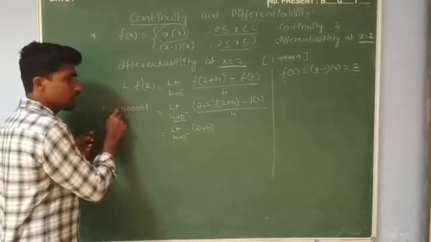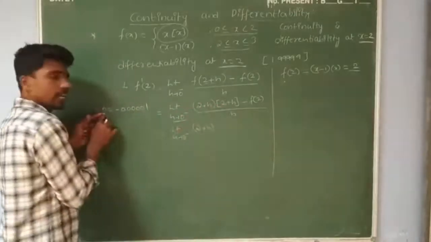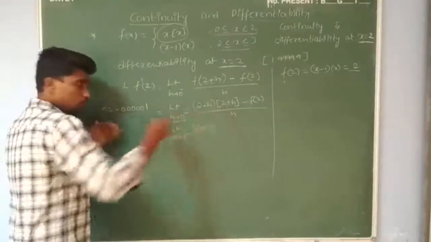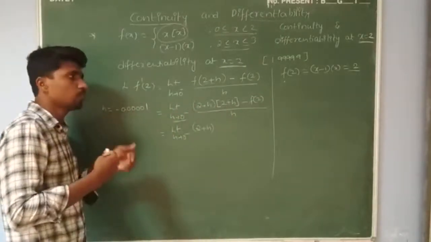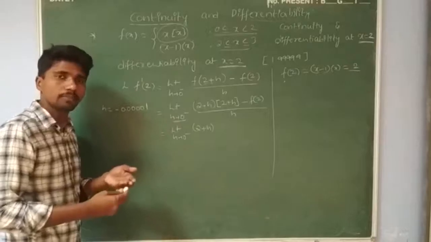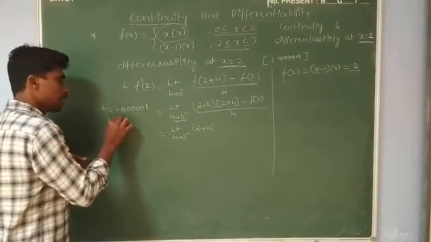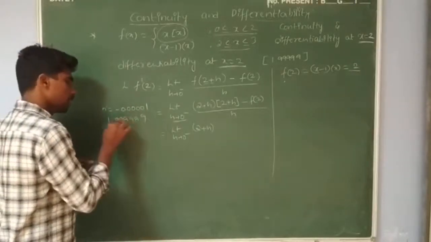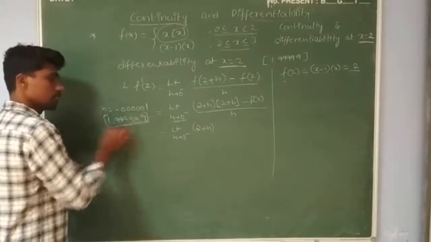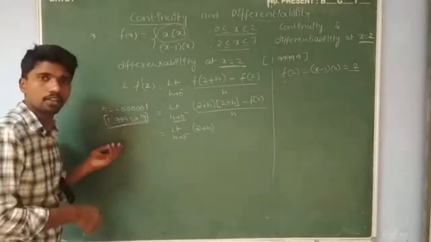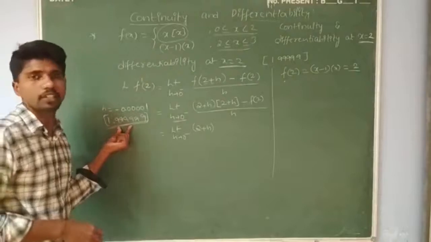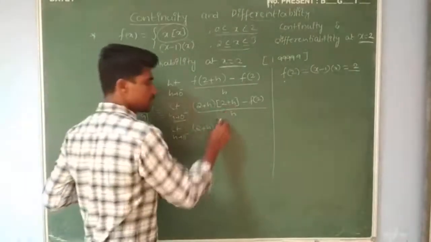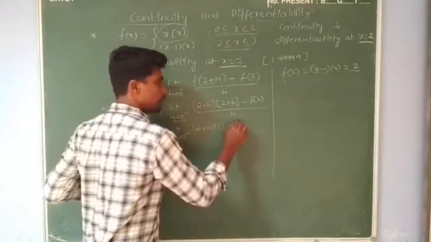If it is negative, what about 2 plus h? 2 plus h is negative, 2 minus something. So 2 minus something will be like 1.99999 of step, which is further taken as 1 according to the step function definition. So the value of this is equal to 1 minus f of 2.